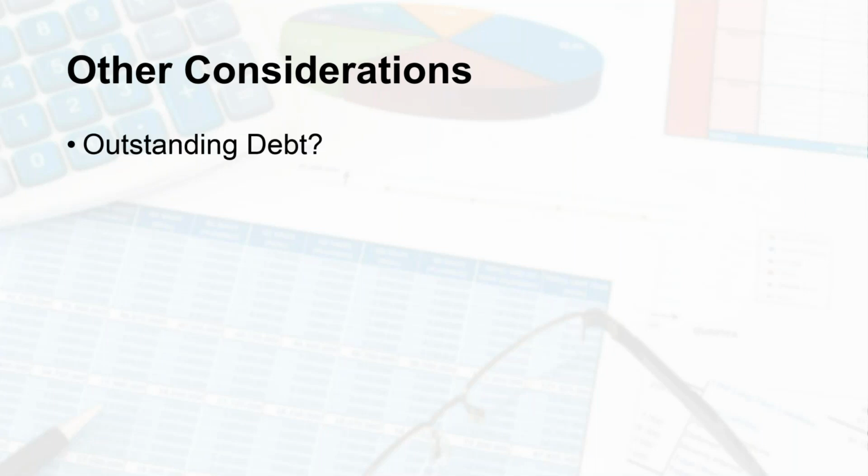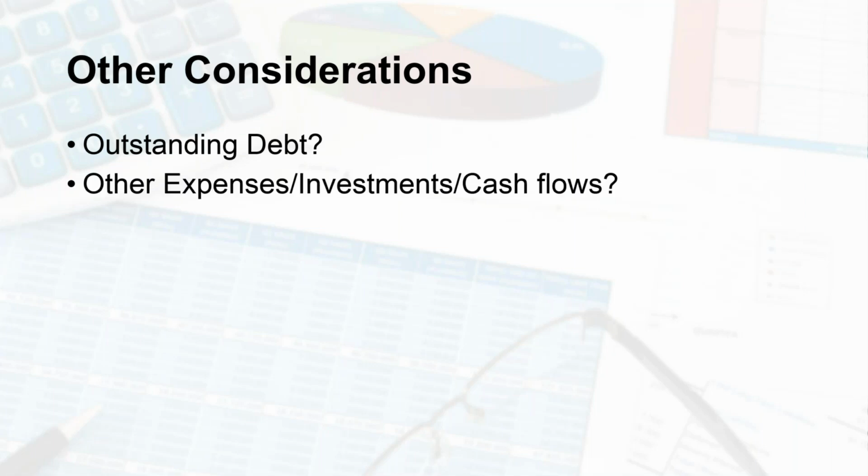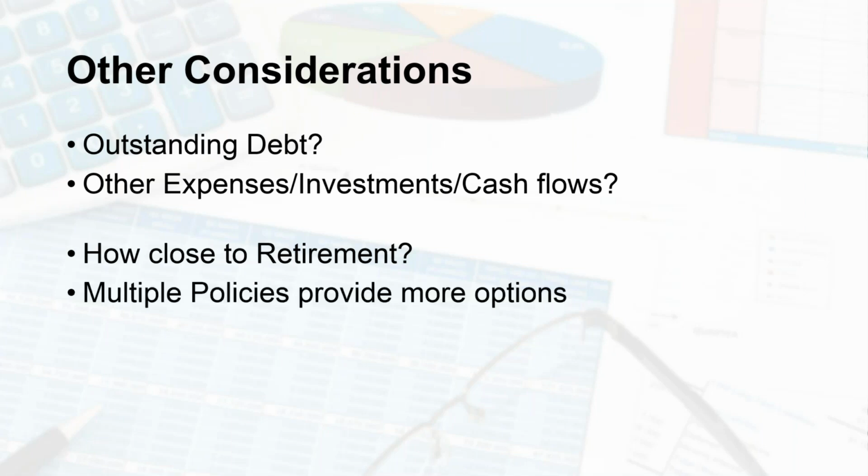What should they do about that? What about other expenses, investments, or cash flows that they know are on the horizon? Some people then will get into the question of retirement. How close are they to retirement? Multiple policies do provide more options when you go to take passive income for retirement, but if you're too close, it can also limit your options, and you don't want that to happen.